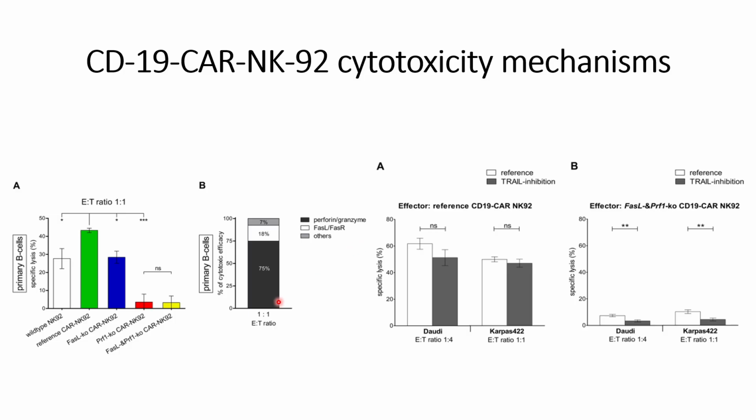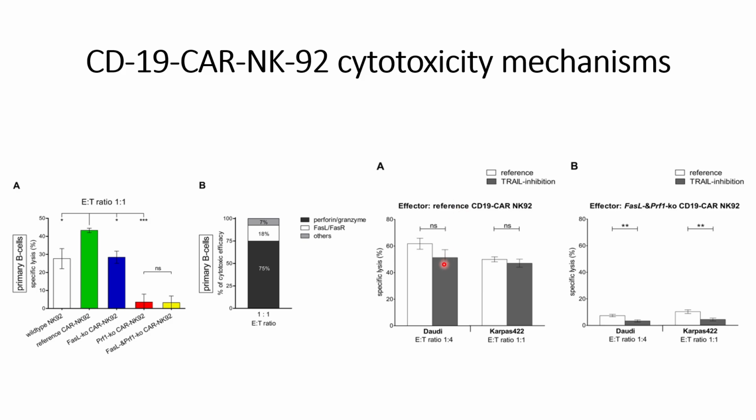Now they wanted to target this 7% of other cytotoxicity mechanisms. From the literature, they came to the point that TRAIL mechanisms also play a role in this cytotoxicity. So they used antibodies that inhibit TRAIL, on Daudi cells and CARpus cells, and co-cultured them.